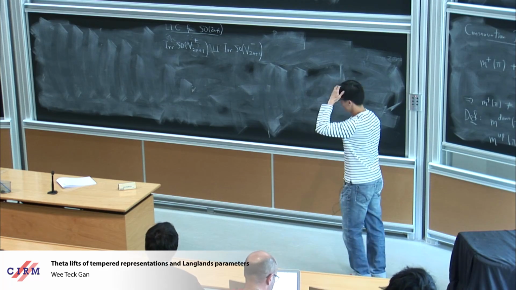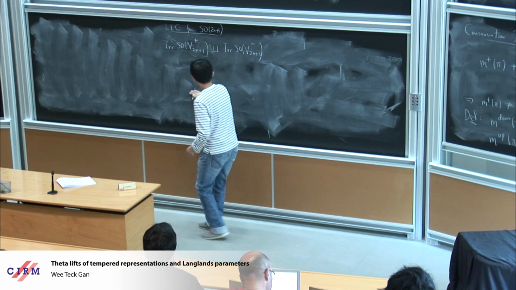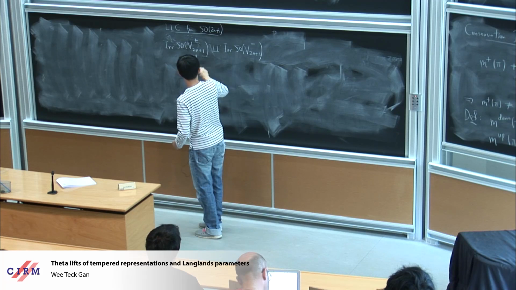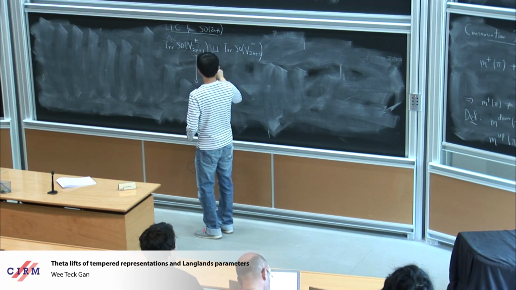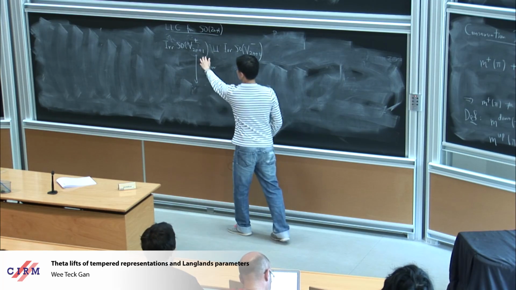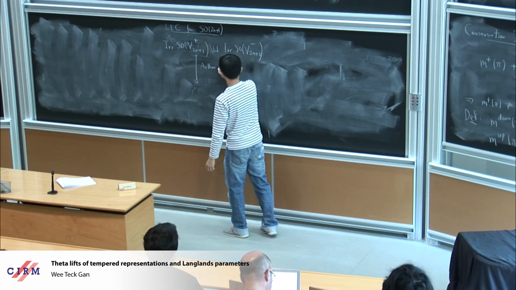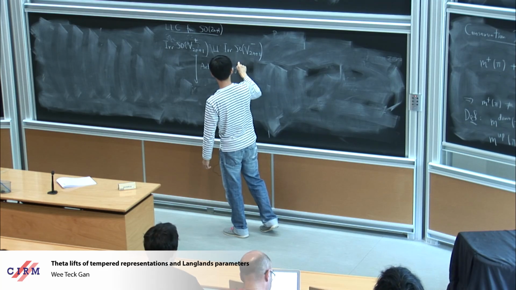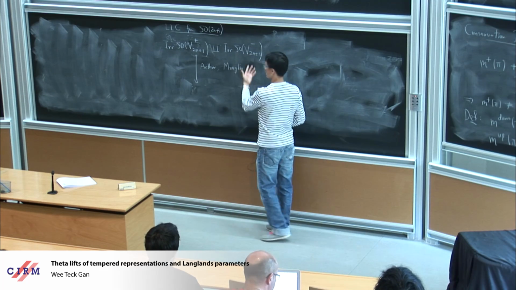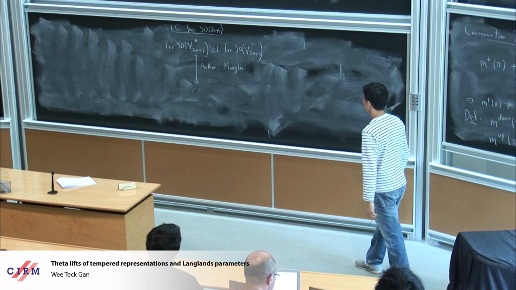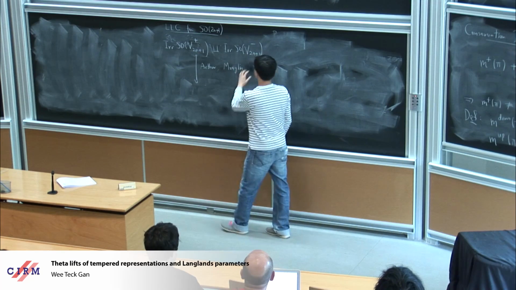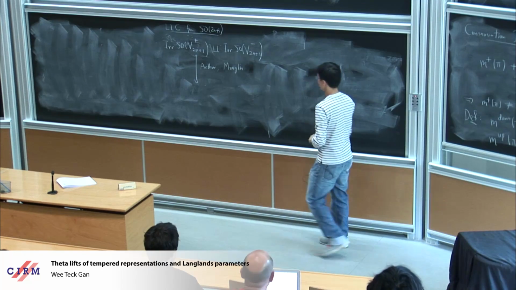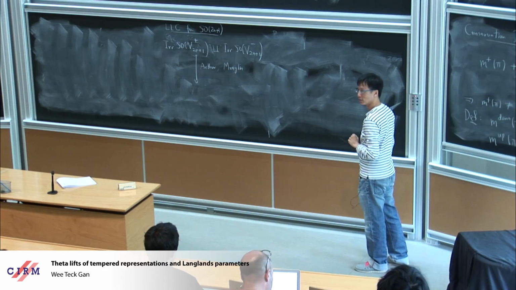The local Langlands correspondence is due to Arthur, at least for the split group, and Moeglin has also done the inner forms case. I will just take this as a given.